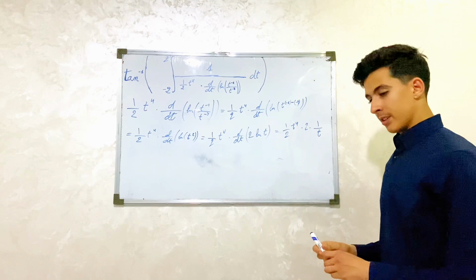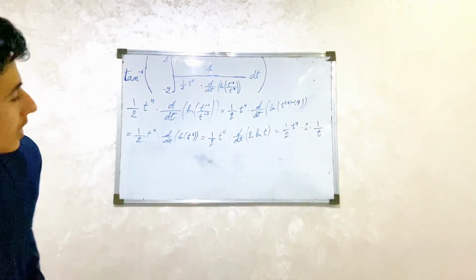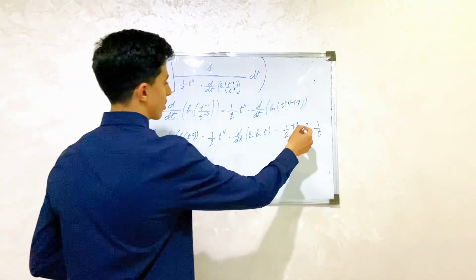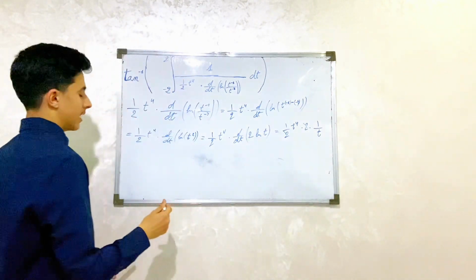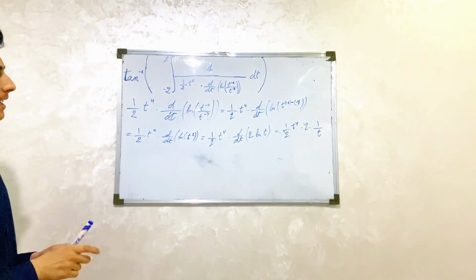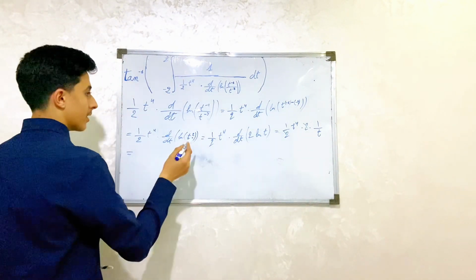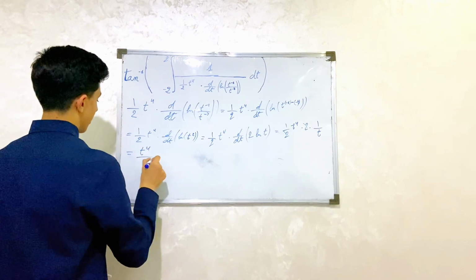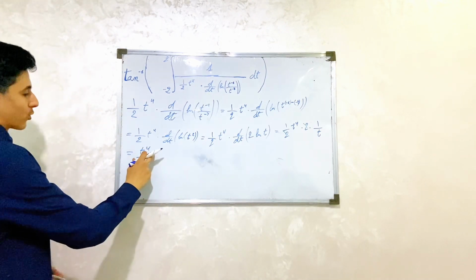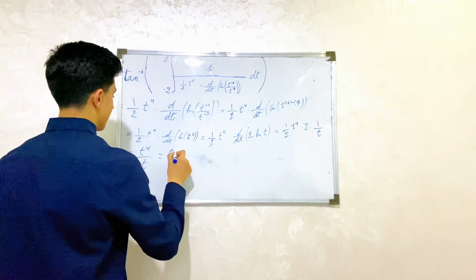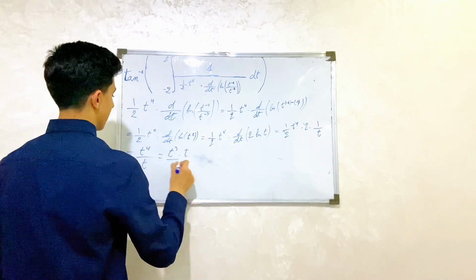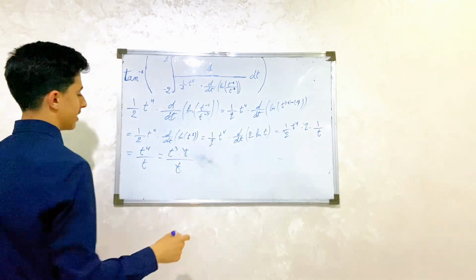Okay, now we are left with this. We can cancel out this and this, leaving us with t to the 4th power over t. t to the 4th power is t to the 3rd power times t over t. Cancel these out.